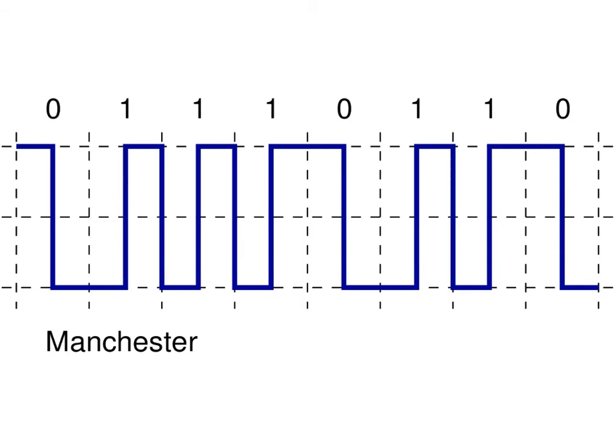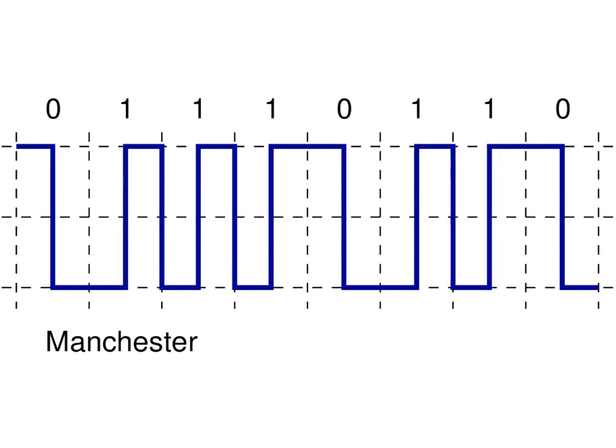So we see what happened here, that the previous bit, this bit 1, we ended up at high. The next bit 1, by definition, we must make a transition from low to high. So in fact, we transition to low and then from low up into high. So every bit, there's a transition in the middle of the interval.